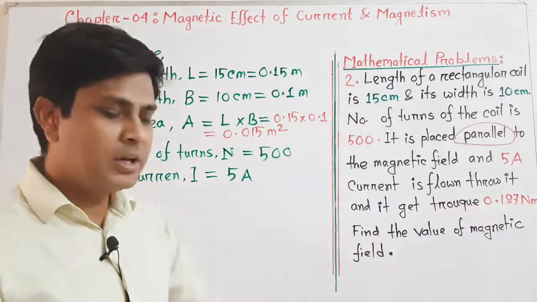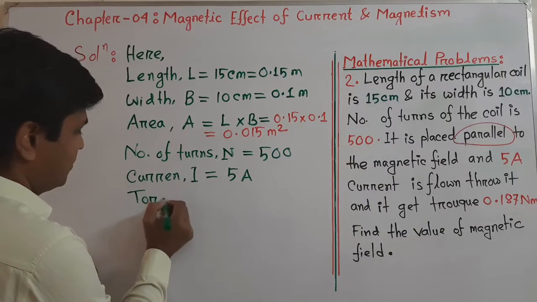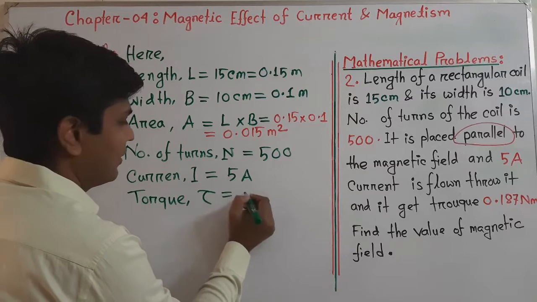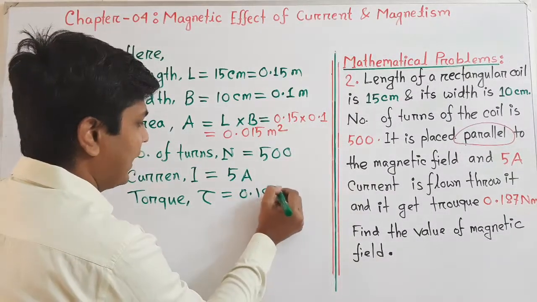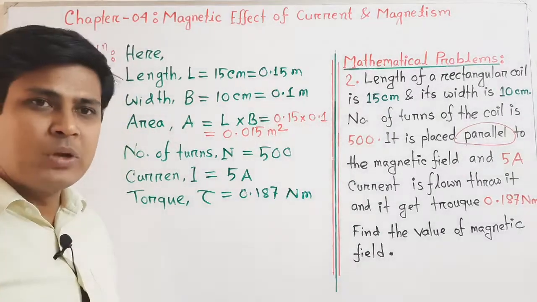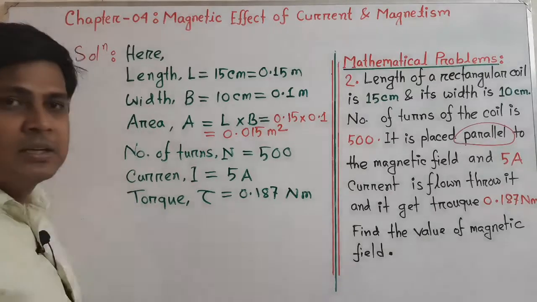And torque, symbol tau, is given as 0.187 Newton meter, and we have to find out the value of magnetic field, that is B.